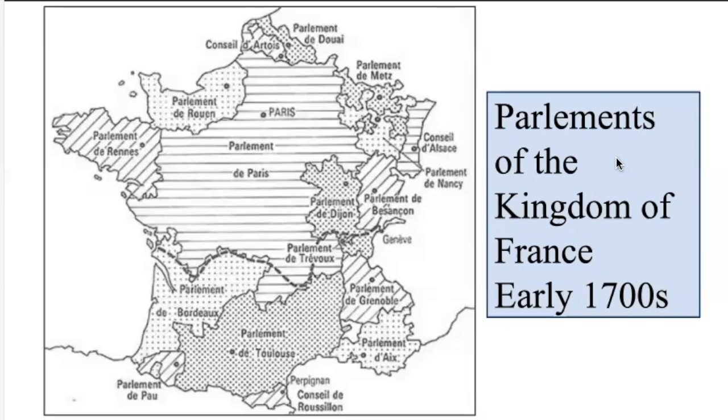The judges of the Parlement could decide whether laws and edicts issued by the Crown would be officially accepted in their jurisdiction. And these judges also had power over taxation in their jurisdiction. The members of Parlement, the judges, were all aristocrats and were supposedly independent of the French king, supposedly.